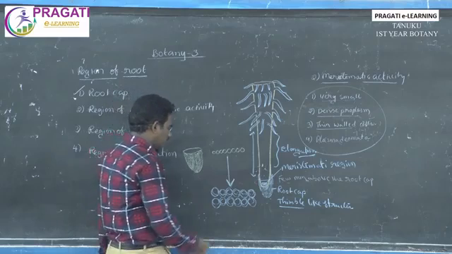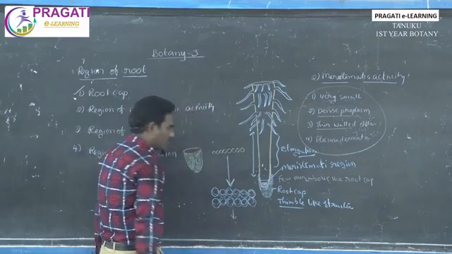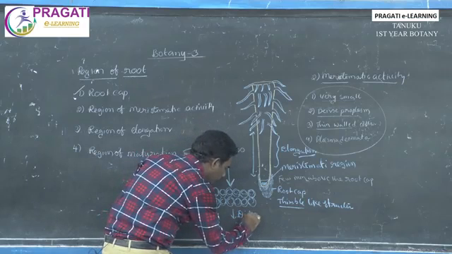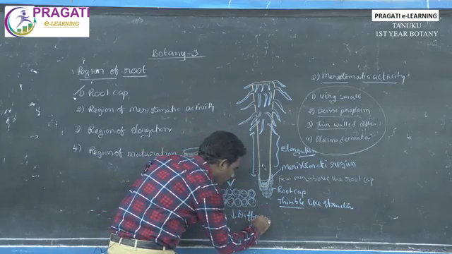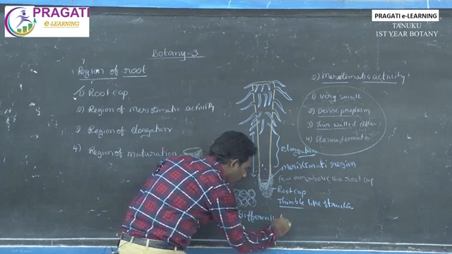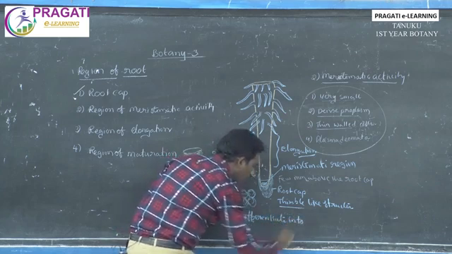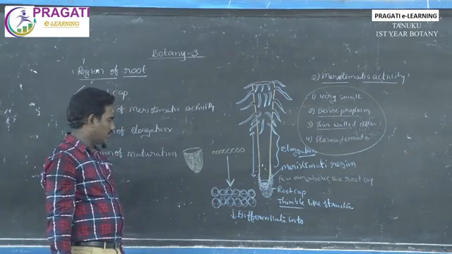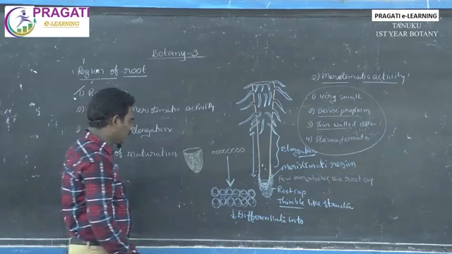These meristematic cells differentiate into mature cells. Which ones are the mature cells?